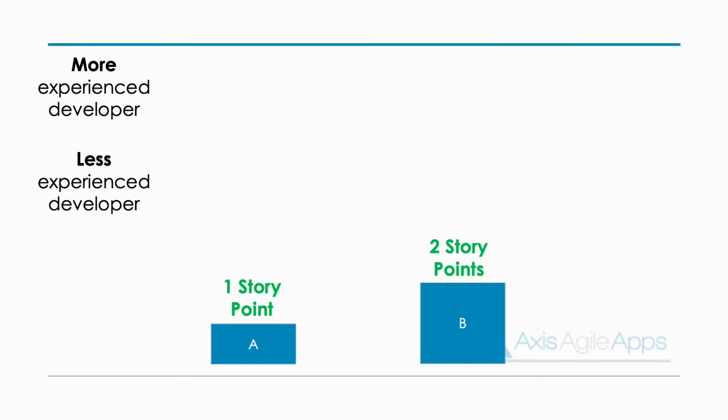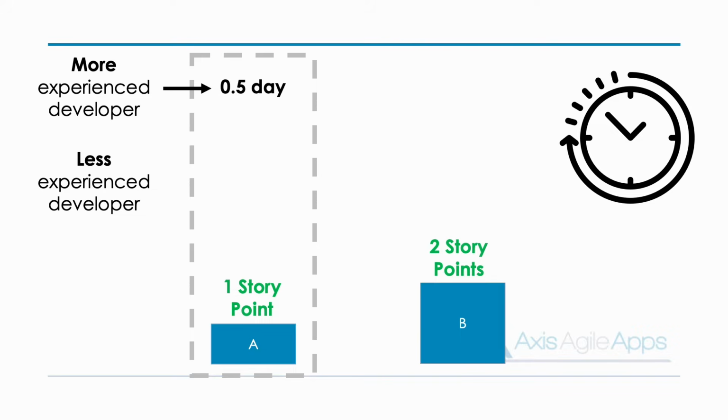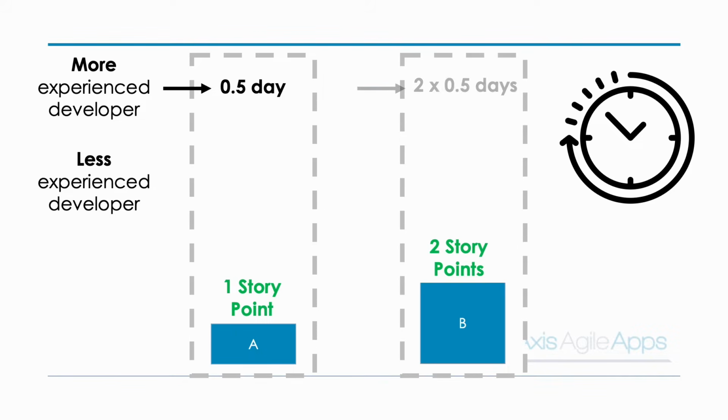The more experienced developer, if we were to ask them how much time it will take to do product backlog item A, might say, oh, it takes me about half a day to do that. So if A takes half a day, how long would it take them to do B? Double that, twice that. It would be a whole day.